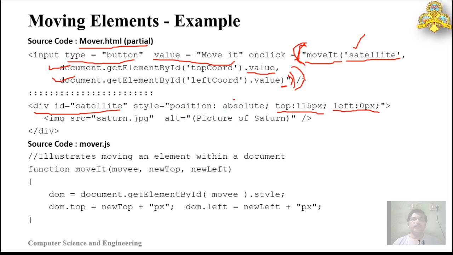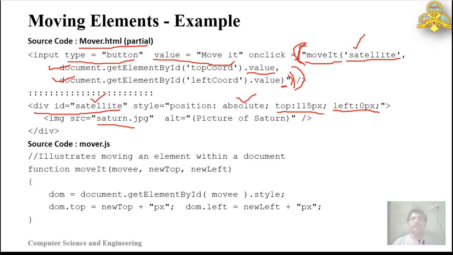So the positioning method here is absolute. Within the div there will be an image, one image file name is given and alternate text is also provided. When I click on the mouse button, the x and y, that is the top left values of the satellite element, will be updated.